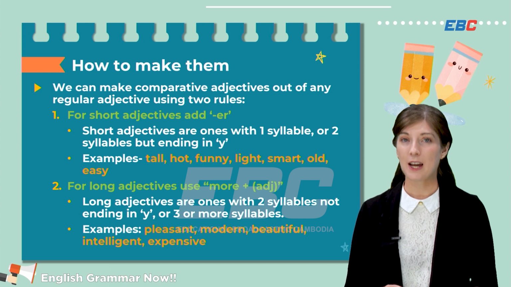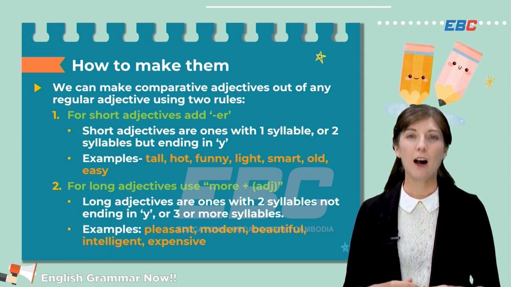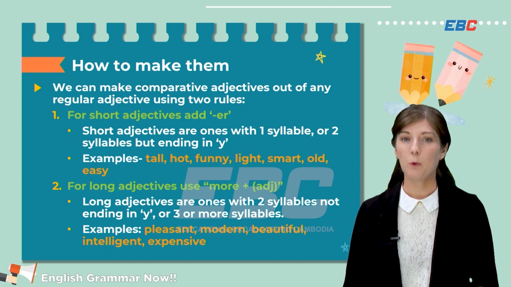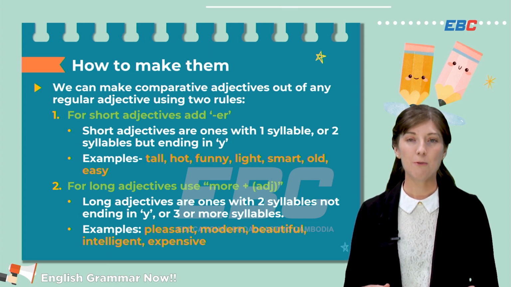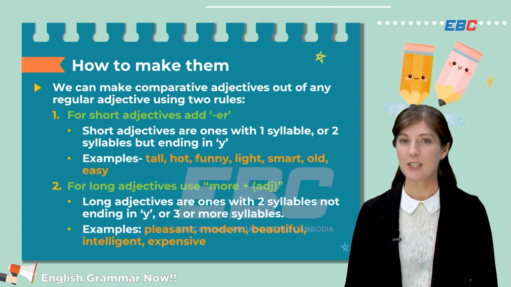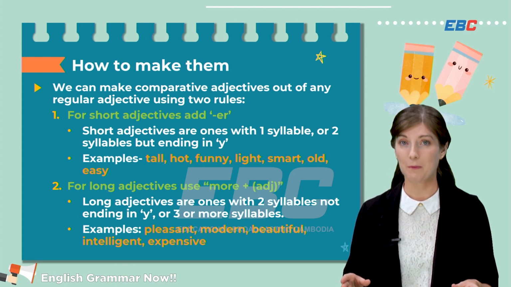So for those adjectives, we can add the ending ER, and there are some spelling changes that we'll study in a moment. For the other kinds of adjectives, we add more in front of the adjective. This is easier because there's no spelling changes. We have to know what kind of adjective it is. If it has two syllables and it doesn't end in a Y, or three syllables or more.